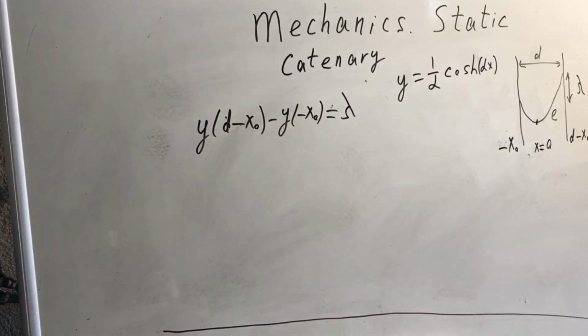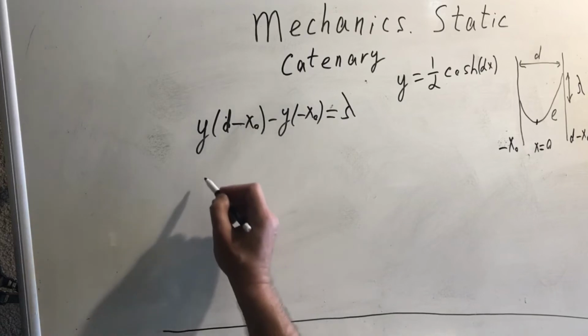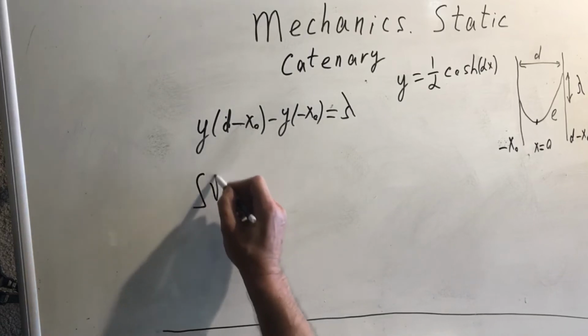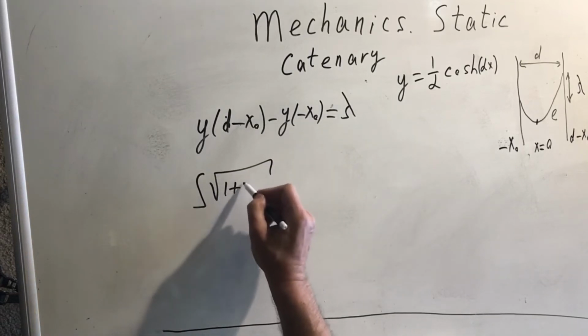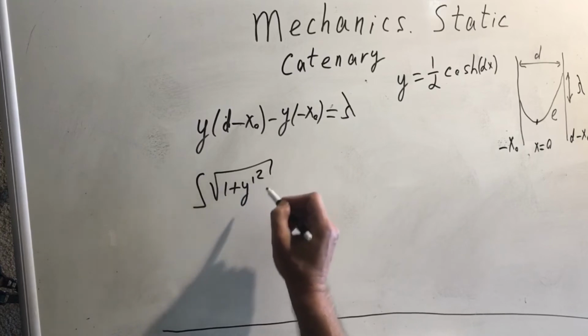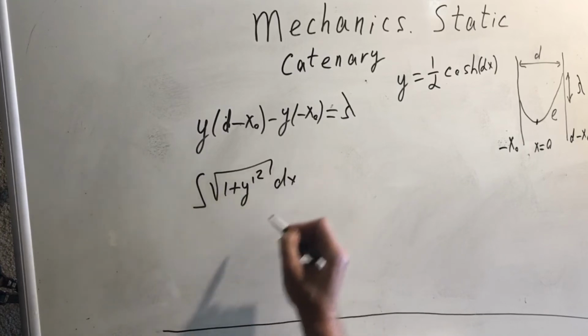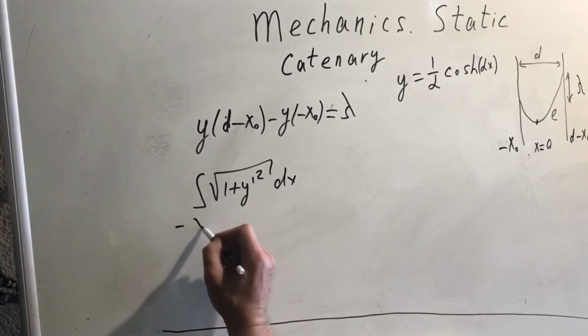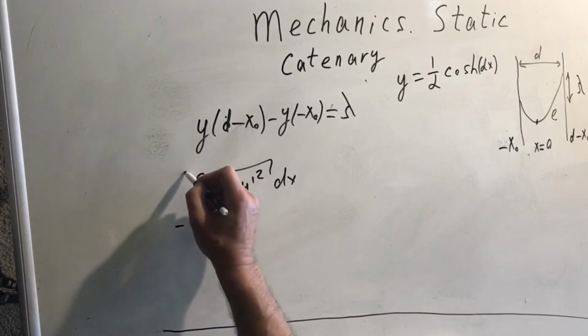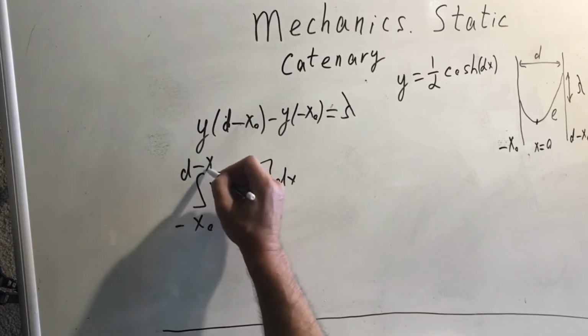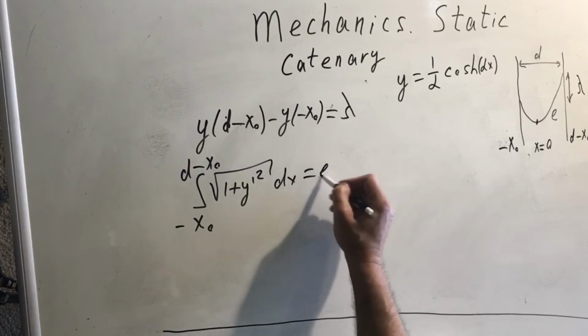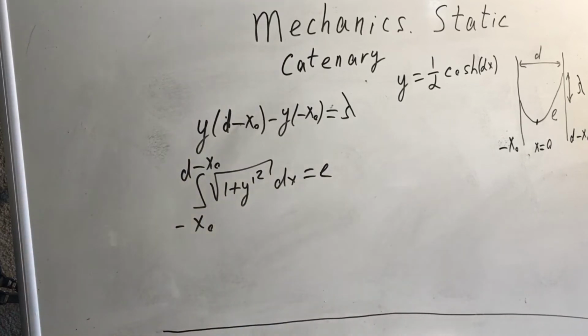And the other expression is that the total length of this curve is L, which is the integral of root of 1 plus y prime squared dx from point negative x0 to d minus x0, and that's equal to L. Rewrite this in terms of our functions.